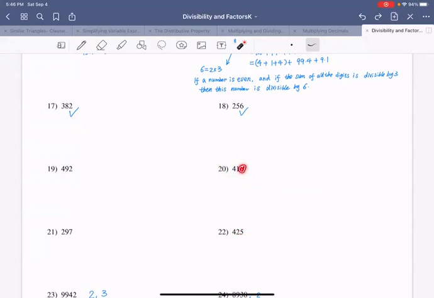If you have 0 at the end, it's going to be divisible by 10. So this will be 10 times what? 41. Do you remember if 41 is a prime number or not? Prime. Yes, very good. This guy is a prime number.